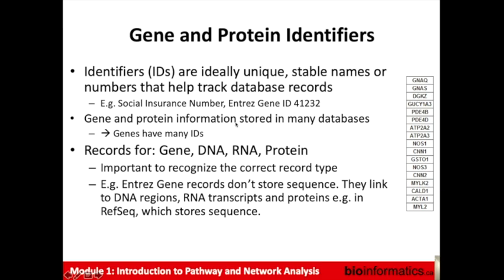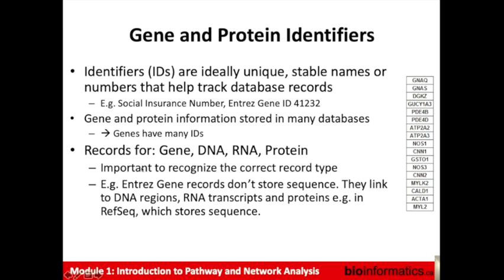Gene and protein information is stored in many different databases, and thus genes have many different identifiers. There are records for genes, DNA, RNA, and protein, so each gene might have a different corresponding record in a database of DNA sequences or RNA sequences, and each of those entries in those databases would have a different identifier associated with it.